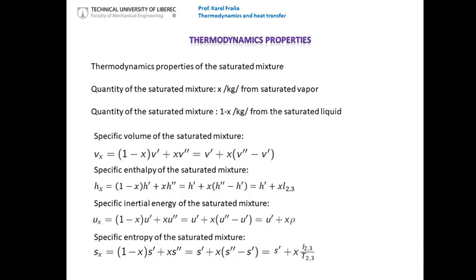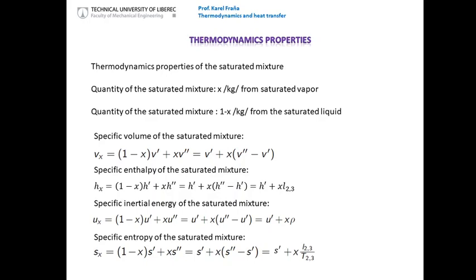The question is, how is it possible to calculate the thermodynamic properties just for the saturated area, the saturated mixture? We first look at the specific volume. In the formula, you can see the specific volume is proportional to the sum of the portion of the saturated liquid and the portion of the saturated gas.